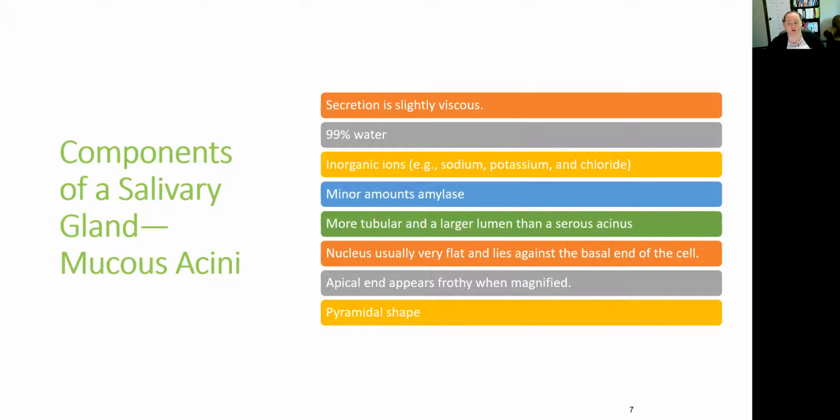It is more tubular, and it has a much larger lumen, and I'll show you on a video. You'll see that the lumen is much bigger than that of the serous acinus. The nucleus is usually very flat and lies against the basal or bottom end of the cell, and the apical end appears frothy when magnified. Again, I have a nice video for you to see that. Again, these are pyramidal in shape.